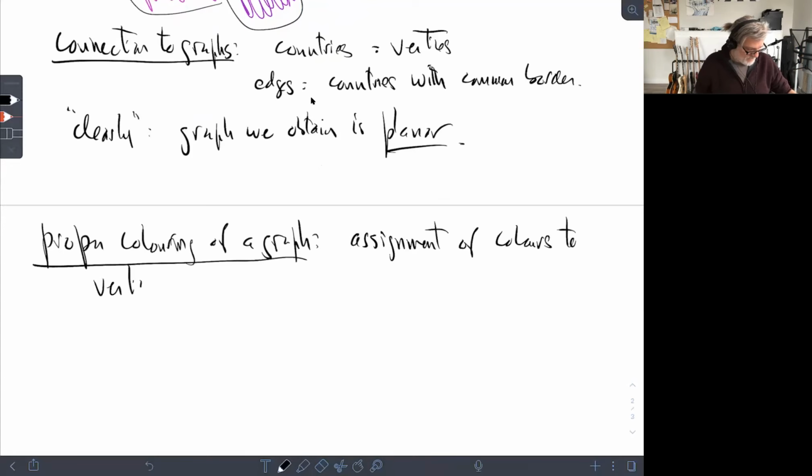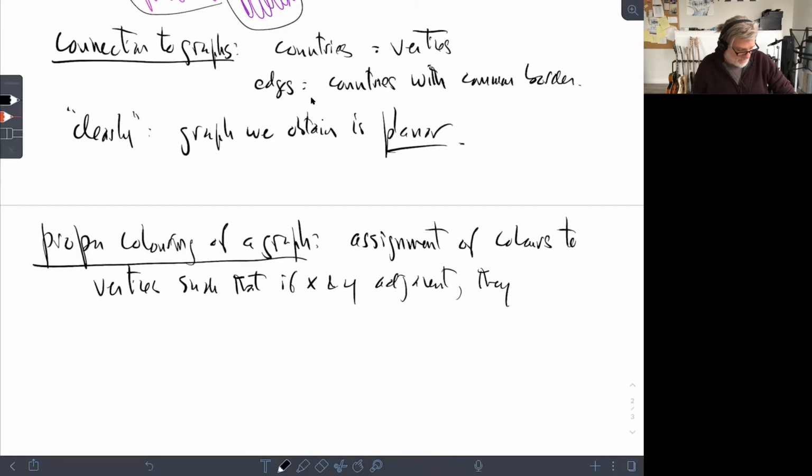And you'll see this is exactly what we want, such that if vertices are adjacent, they get different colors, such that if X and Y are adjacent, they get different colors, which is precisely what we want here in our associated graph.